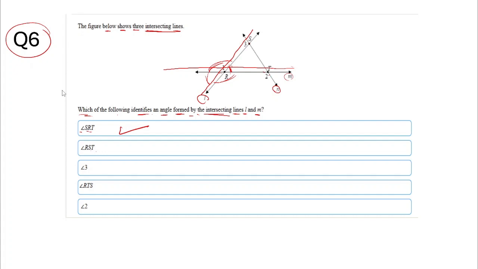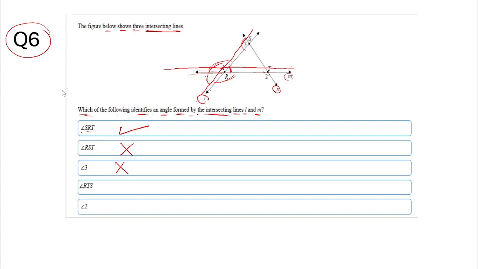No, because when line M intersects with line L at an endpoint, it can form the angle, but here it's not related to M. The point is on line L, but it's not on line M, so this is not the right answer. Angle 3 is here. Line M is not intersecting it at this point, so this is the wrong answer.